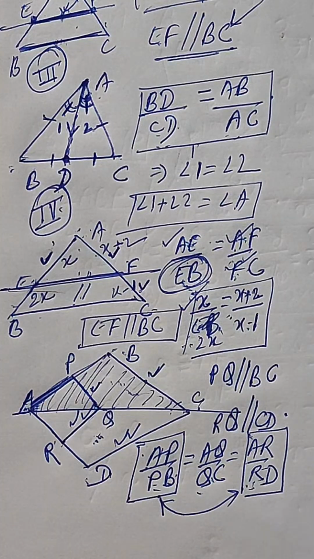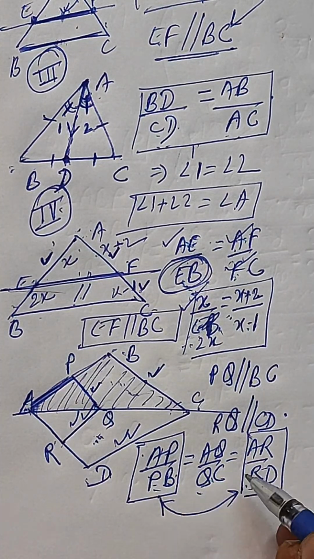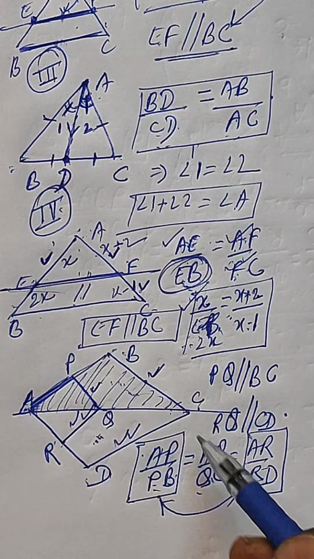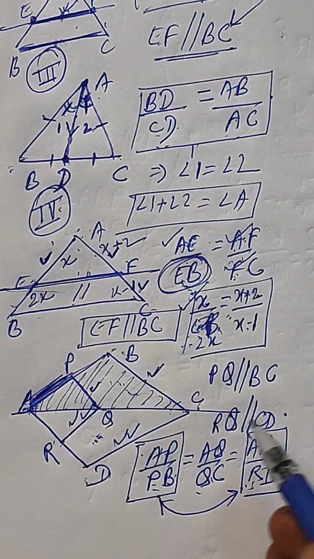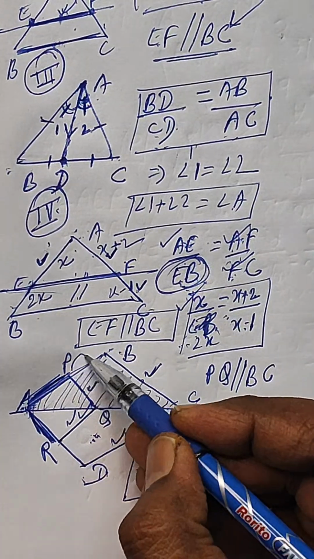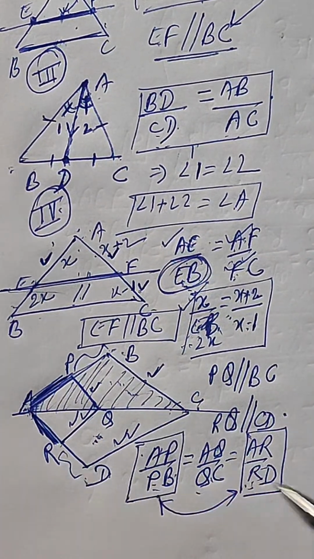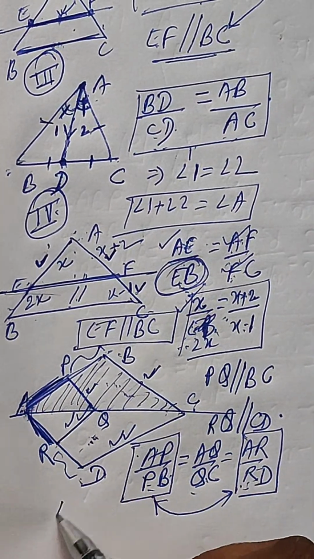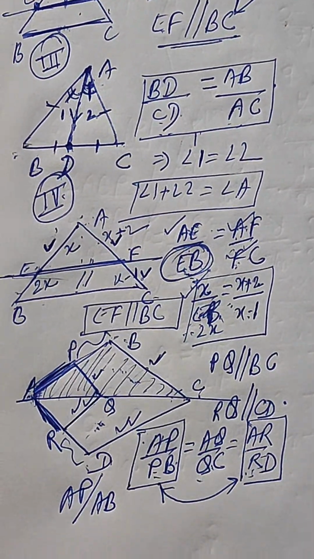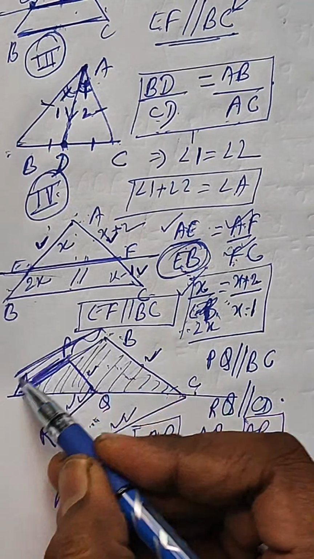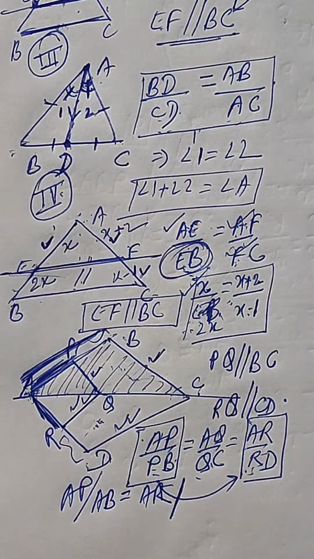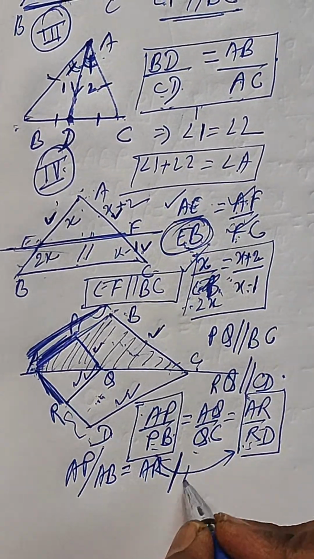It can also be given that such a type of proof can be shown. Suppose it's AB, AP and AR, and these are added with PB and RD, then it can also be written as AP by AB, which is the entire length, is equal to AR by AD.